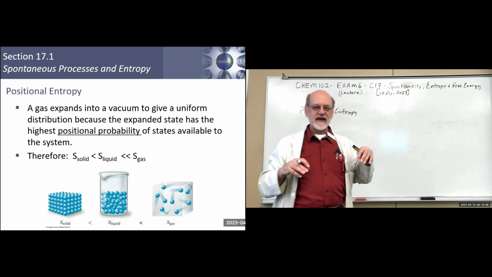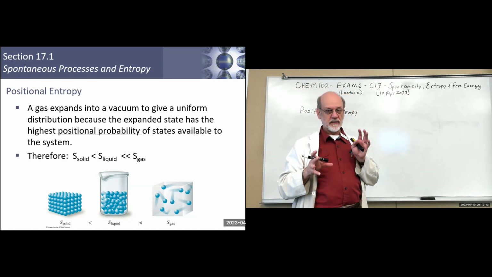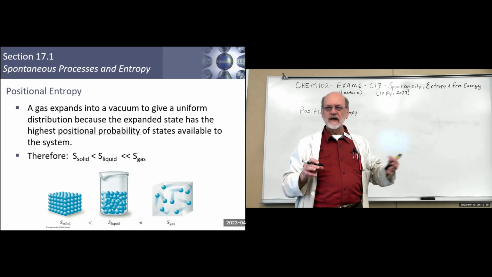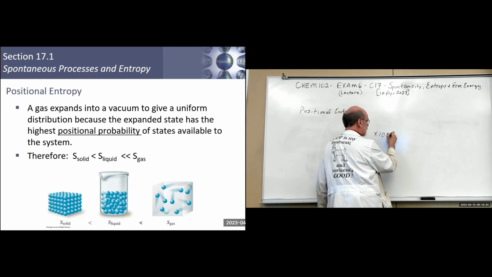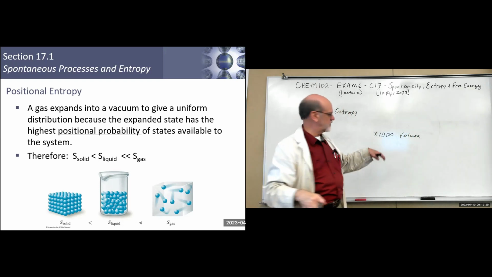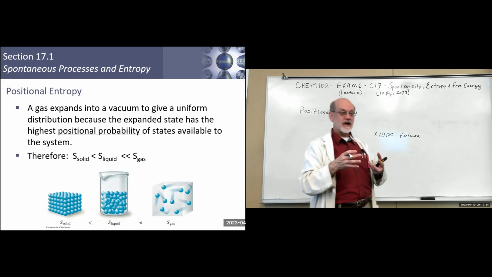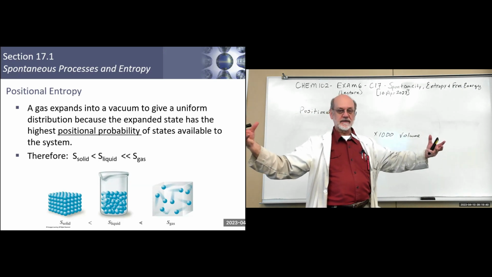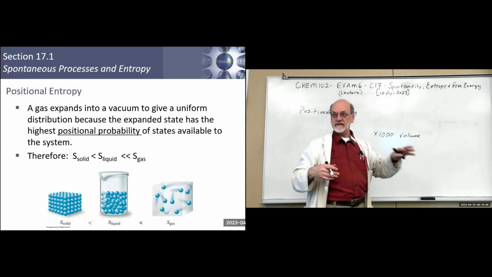Now, when you expand that liquid into a gas, now you have many more positions, because if you take the same amount of liquid and make a gas out of it, the rule of thumb is it will expand about 1,000 times in volume. That varies all over the place, but roughly, rule of thumb, it's about a 1,000-fold increase in volume. So you've got the same number of molecules in 1,000 times the space, so you've got more positions that they can occupy in that added space.